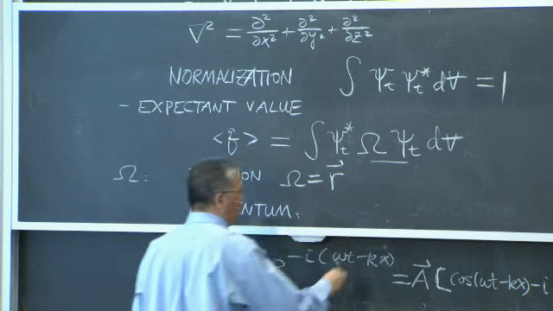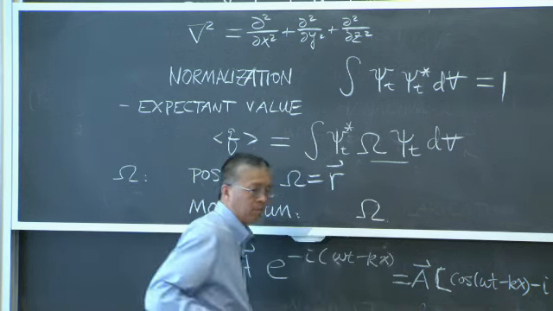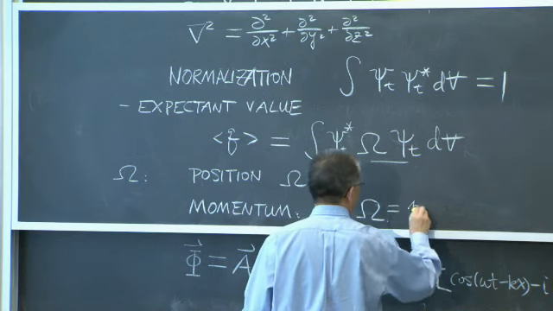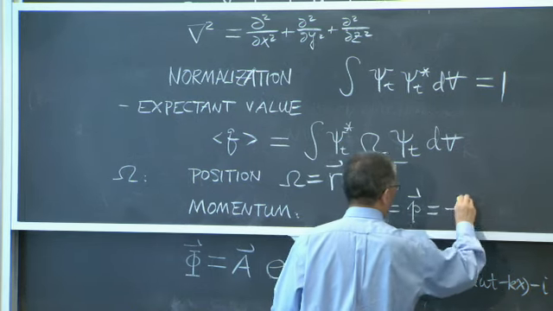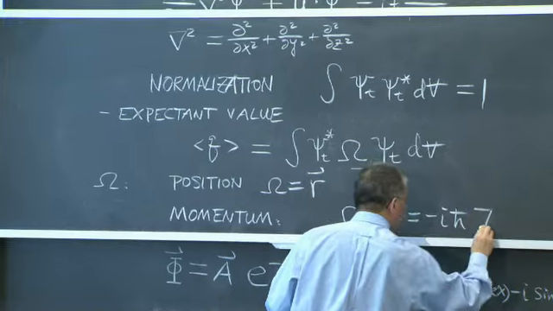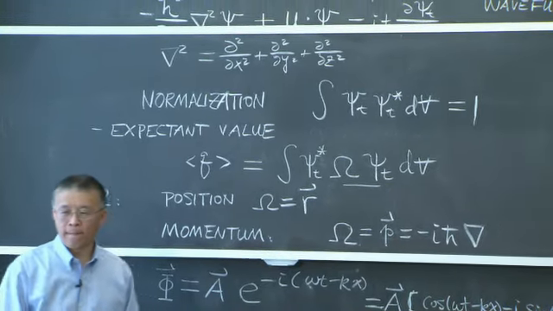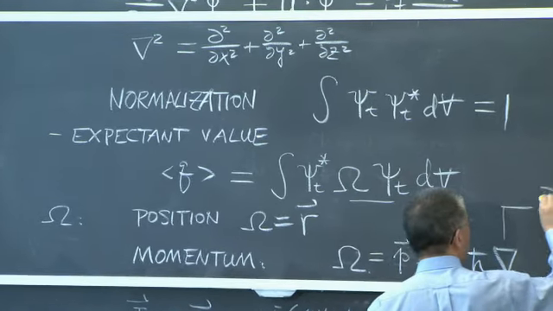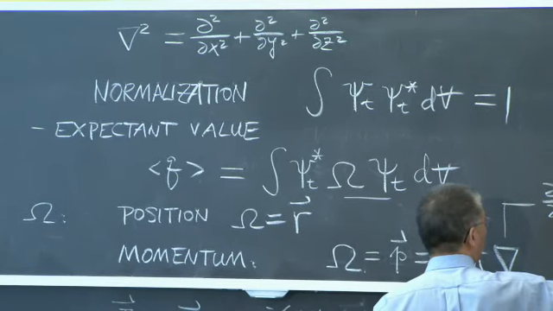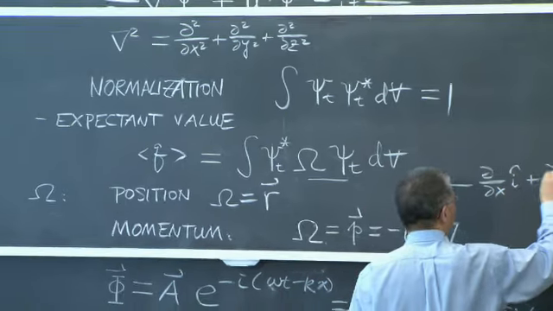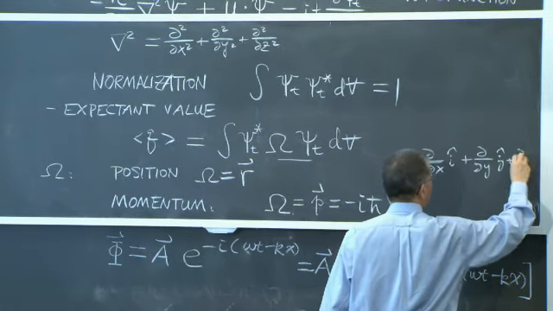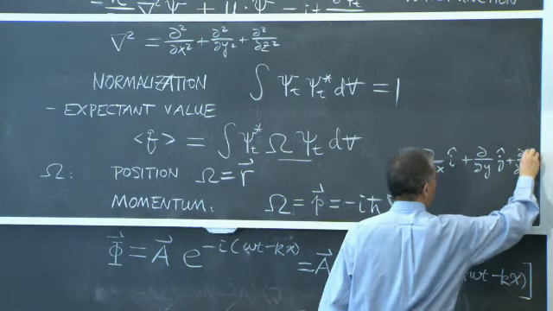this operator now is a derivative. The momentum operator is minus i h bar times the gradient, right? The gradient operator is d/dx in the Cartesian coordinate i, and d/dy j, and d/dz k, right?